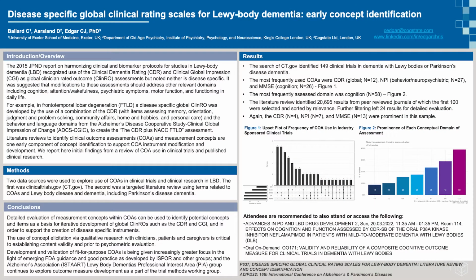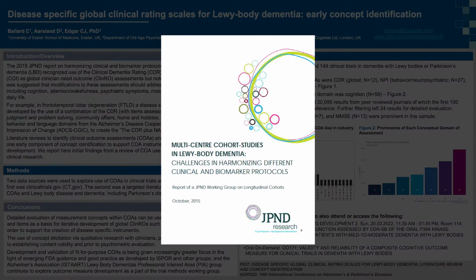Specific then to dementia with Lewy bodies, a 2015 report of the European Joint Programme in Neurodegenerative Disease Research, JPND, identified both the CDR and the ADCS-CGIC as potentially useful global clinical assessments for use in clinical trials. However, the report noted that they were not specific to dementia with Lewy bodies and may be deficient in several respects.